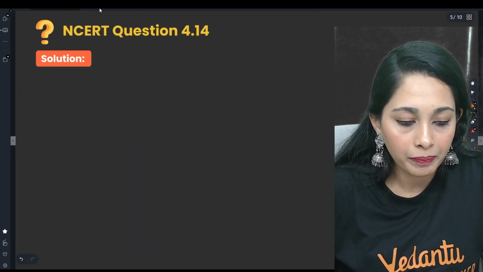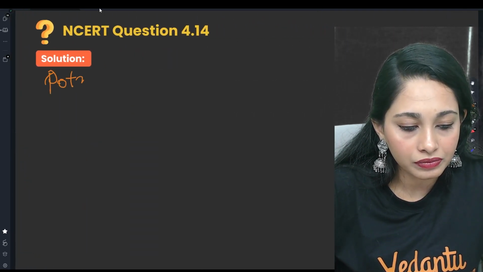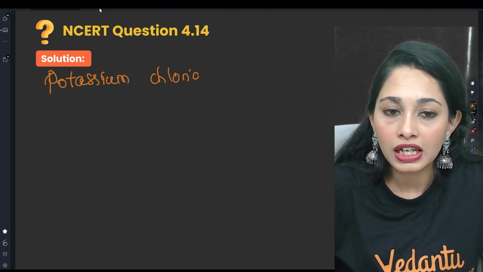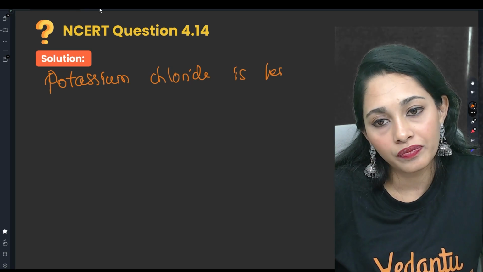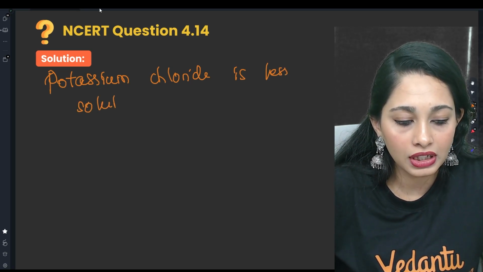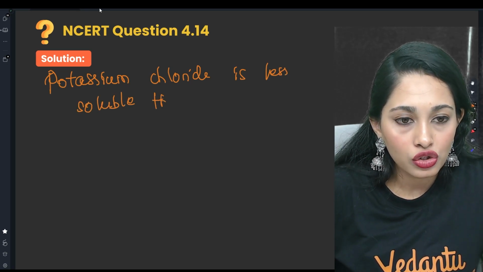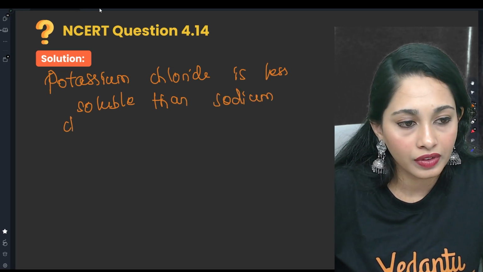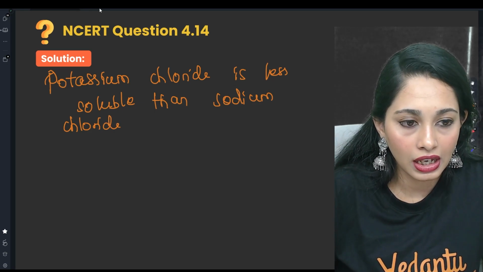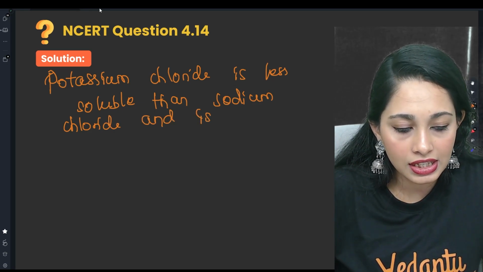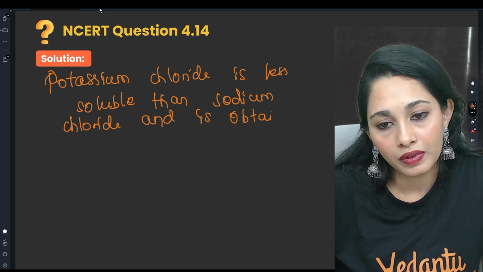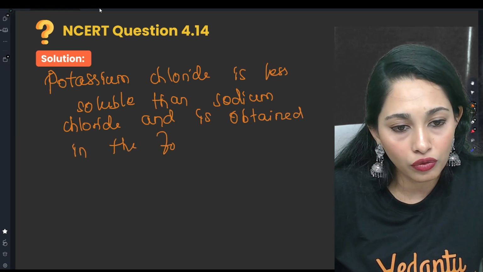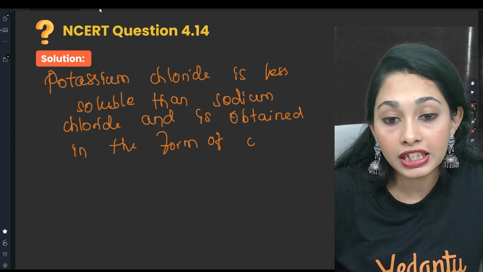But here, potassium dichromate is less soluble than sodium chloride, NaCl, and is obtained in the form of orange colored crystals.